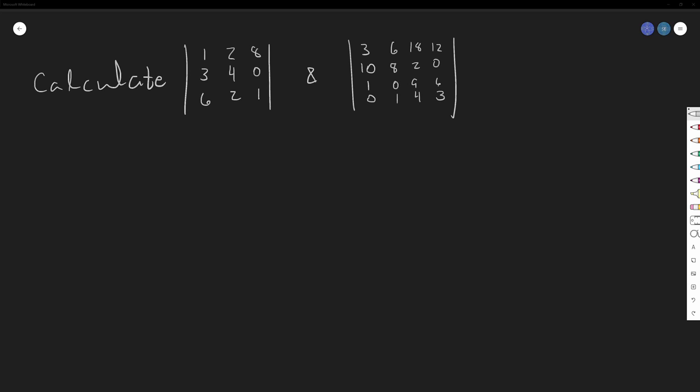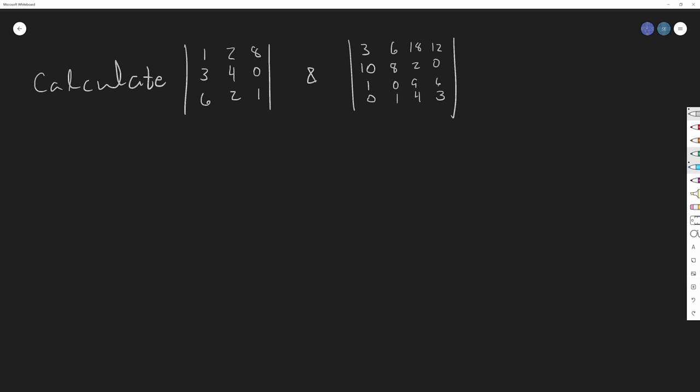It wants us to calculate the determinant of this 3x3 matrix and also this 4x4, but we're going to focus on the 3x3 first. It's going to be 3x3 with 1, 2, 8, 3, 4, 0, and 6, 2, 1. For this example, we're going to use what is called the general way of solving any matrix, the method of square reduction.